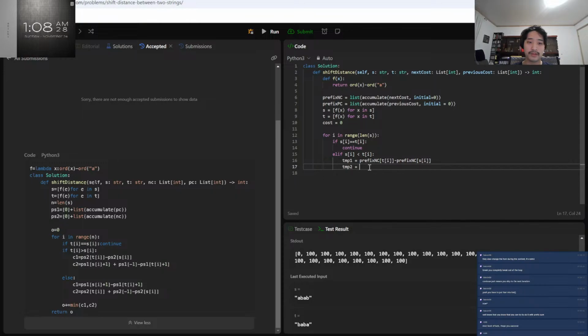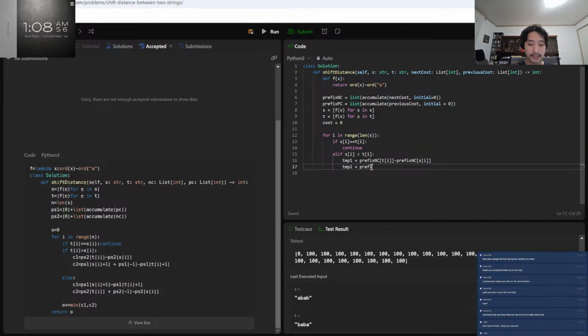Now I need to think, yeah, because this is fine. If I go backwards, if I use the previous cost, it will go in the loop, it will go to this A and then to C. How would I do this then?